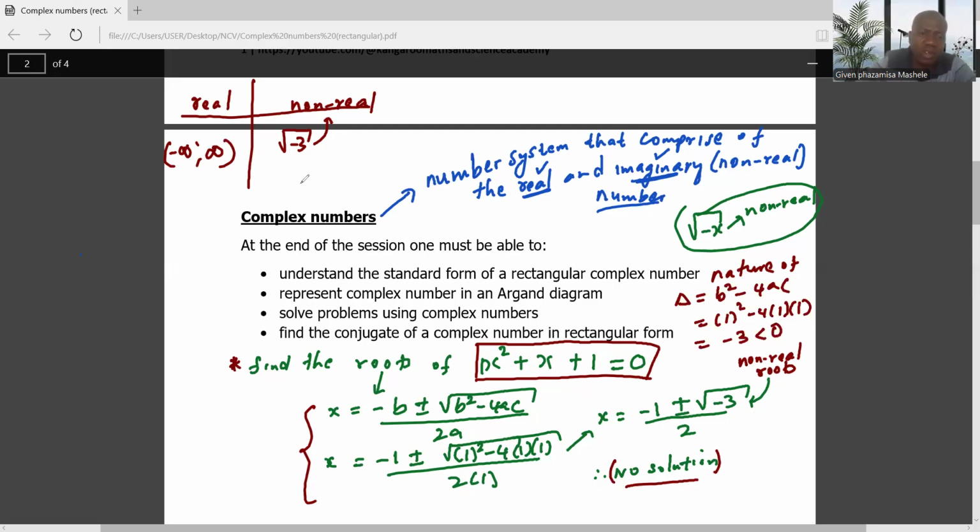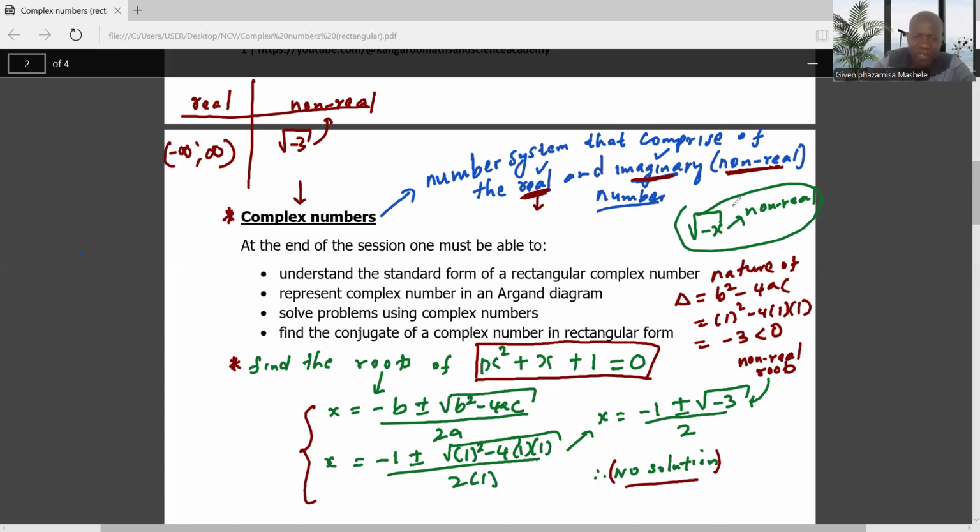But under the context of complex numbers, we cannot say there is no solution. There is a solution when we are using complex numbers. Complex numbers extend the number system from being only real by incorporating the real and the imaginary numbers.